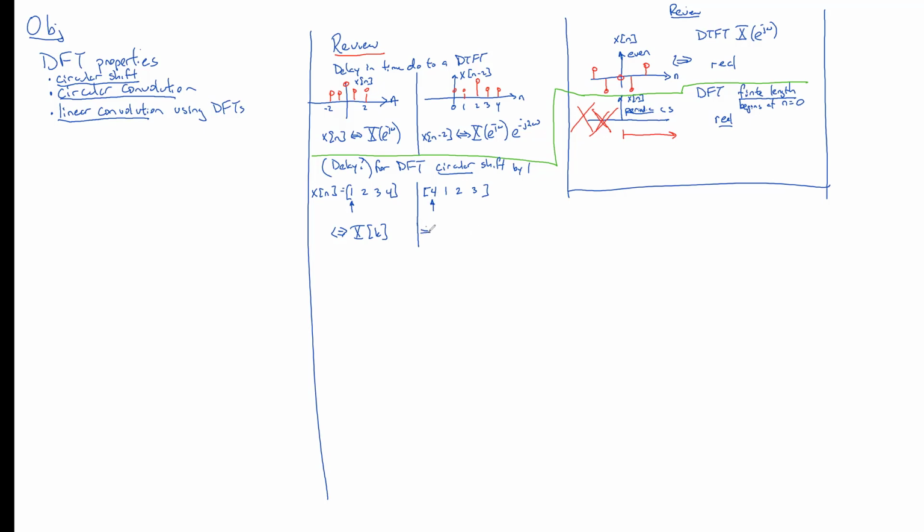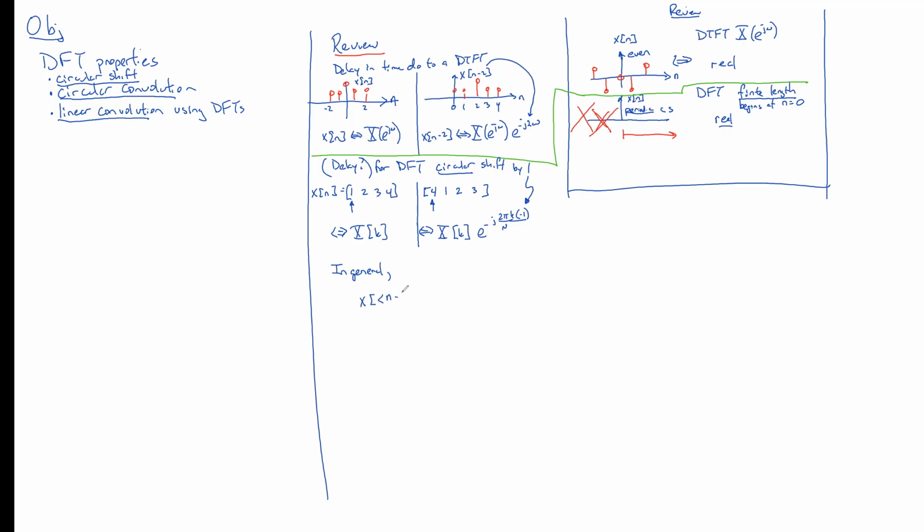And our X of k, its DFT, would be equal to the original non-circularly shifted signal times e to the minus j 2 pi k over n, and then times minus 1, where if it's circularly shifted to the right by 1, that's our minus 1 here. And that's the same equivalent as the delay for a DTFT.